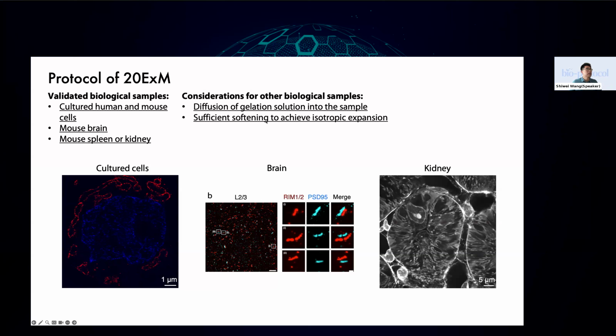And the other concern is whether there are methods to soften the tissue sufficiently to allow isotropic expansion. And that will have to depend on the specific sample that you're interested in using. So for today's talk, I will go through the detailed protocol for cell culture and mouse brain tissue. And after the talk, I'm happy to answer any questions.